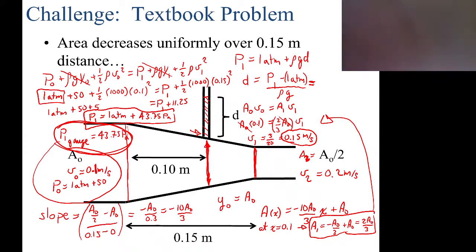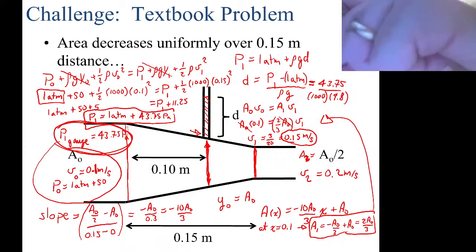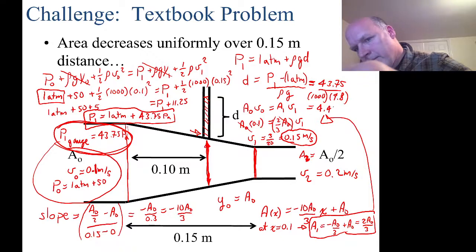So the atmospheres cancel and we get 43.75 divided by 1,000 divided by 9.8, equal to 4.46 millimeters.